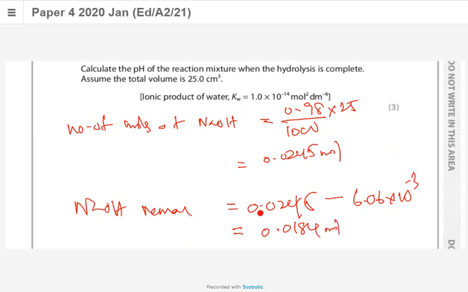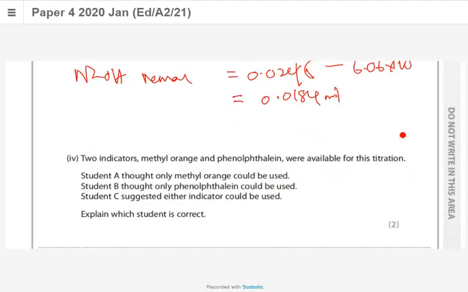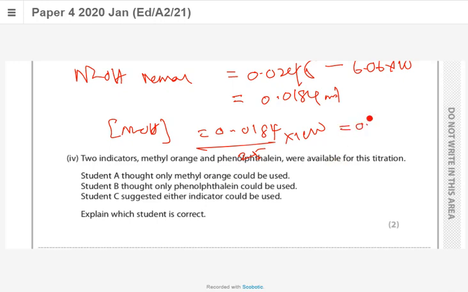So that moles of sodium hydroxide is in how much volume? Find the concentration now. Total volume is 25. So let's find the concentration of sodium hydroxide. This number of moles is present in 25, so the number of moles in 1000. What's the concentration? 0.7376 moles per decimeter cube.